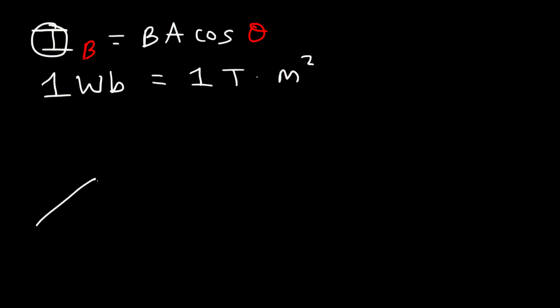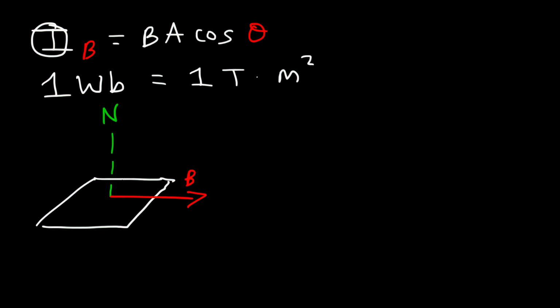So let's say we have a surface, and let's draw the normal line to this surface, which we'll call N. And let's say the magnetic field is perpendicular to the normal line, which means it's parallel to the plane of the surface, or to the face of the coil.